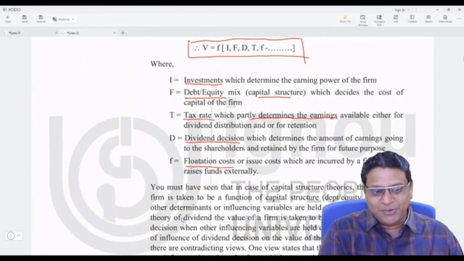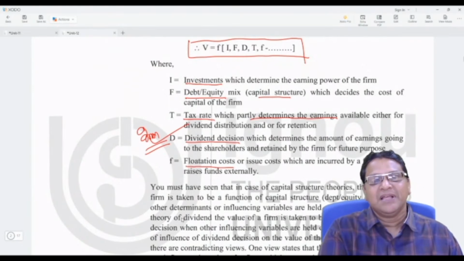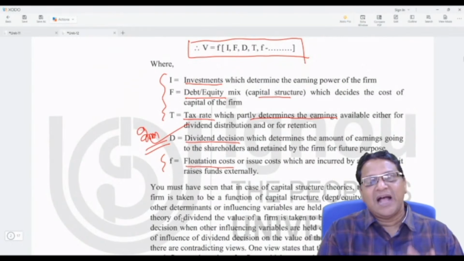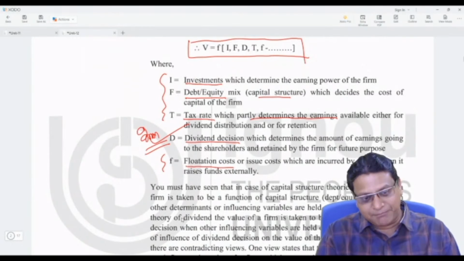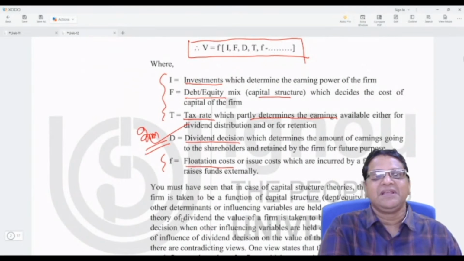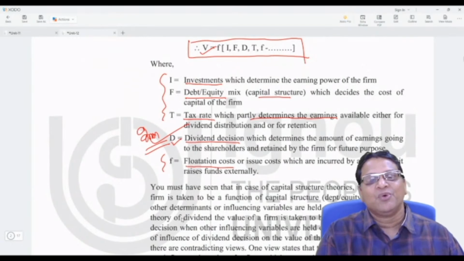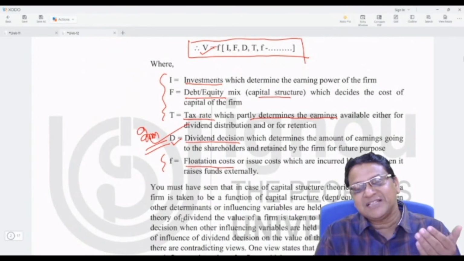But the dividend theory explains the relationship between dividend decision and value of the firm, remaining other things constant. What is other things constant? I, F, T, small f will remain constant, and we will analyze the relationship between D and V. What is D? D means dividend decision, and V is value of the firm. What is the relationship between D and V, keeping other factors constant? That is known as dividend theories.